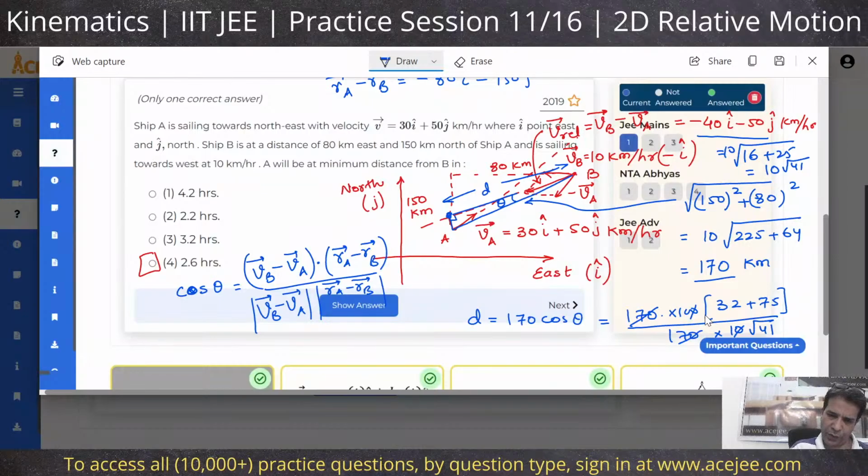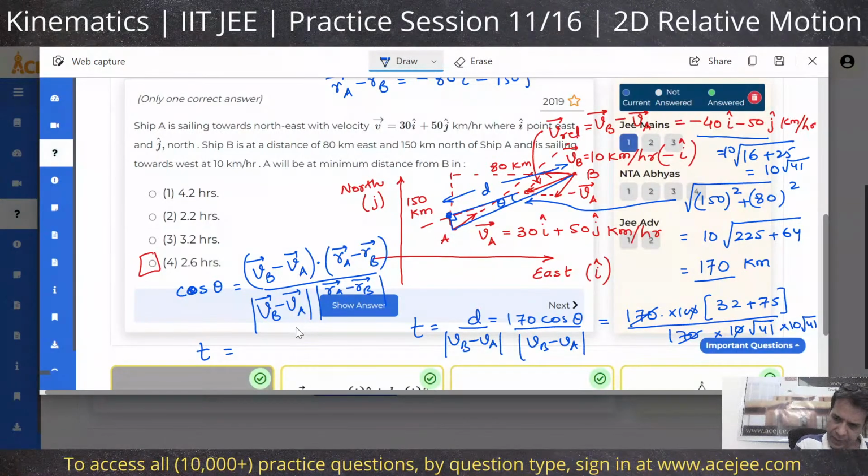But in any case, we want to divide it by VB minus VA, right, to get the time. And we'll do square of this. In fact, I'm going to do 10 cross 41 here. So this should give us the time.